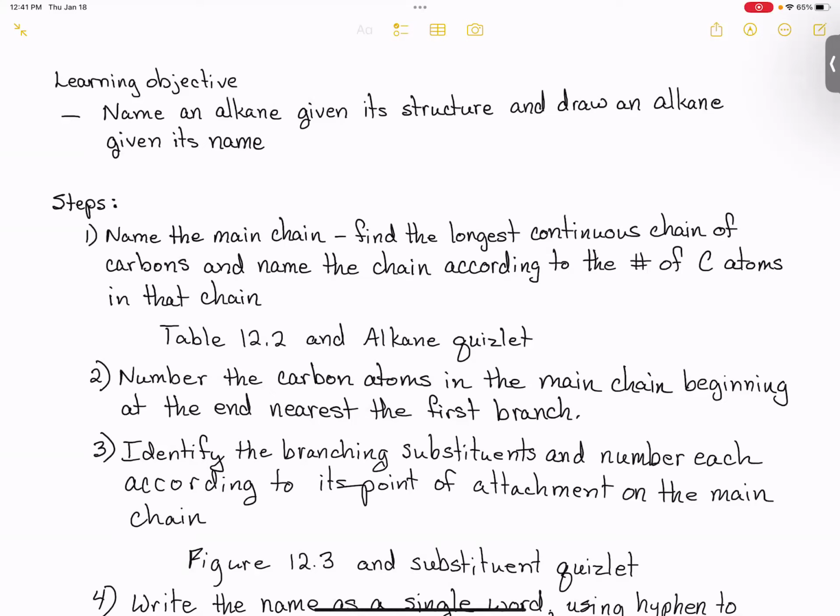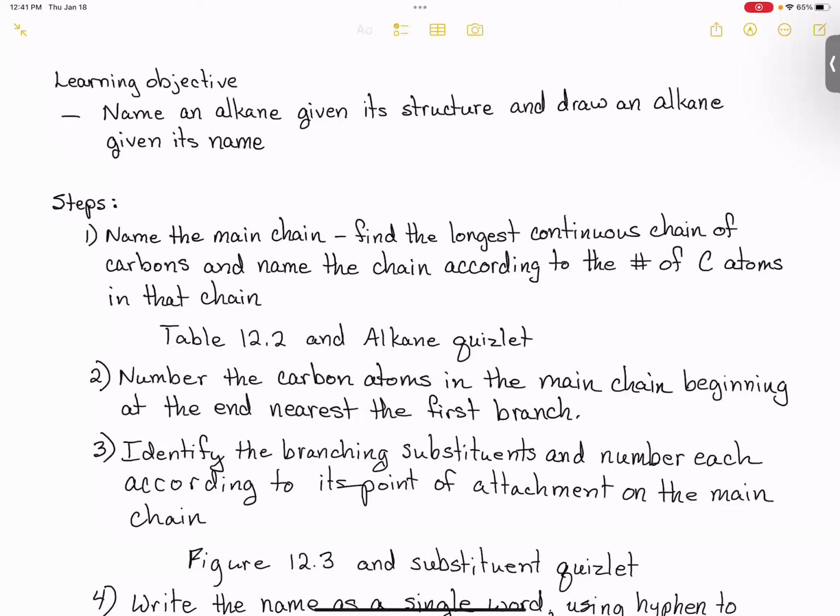From that point, we identify the branching substituents and number each according to its point of attachment on the main chain. The branching substituents, which I have alluded to their names, can be found on page 378 of chapter 12, in figure 12.3. I have also created a substituent Quizlet for you to memorize the substituents.